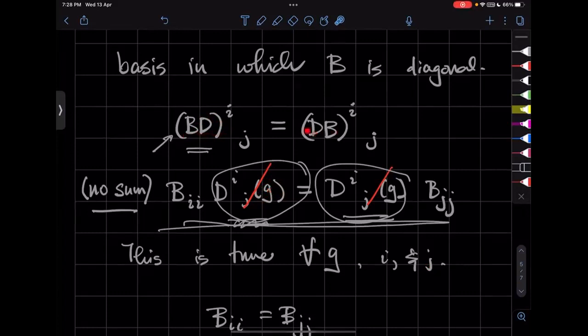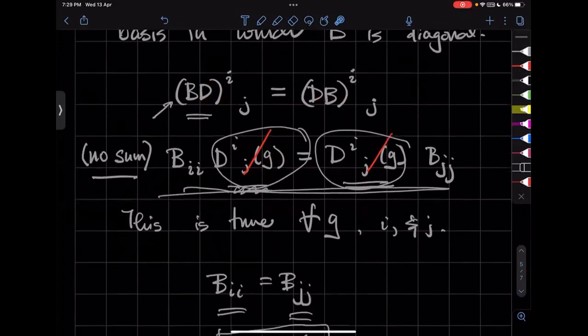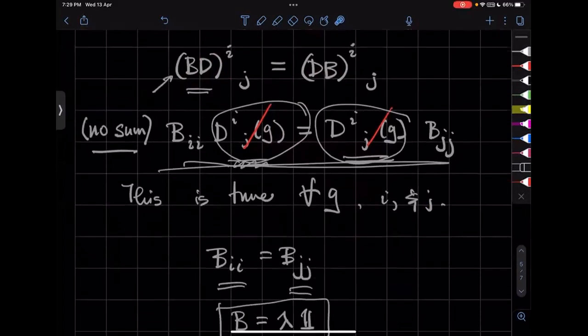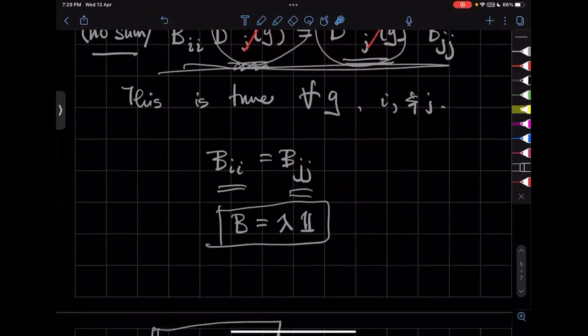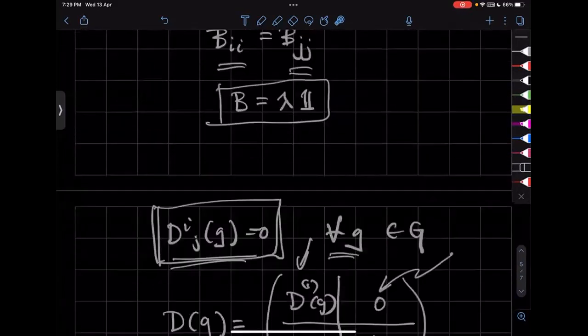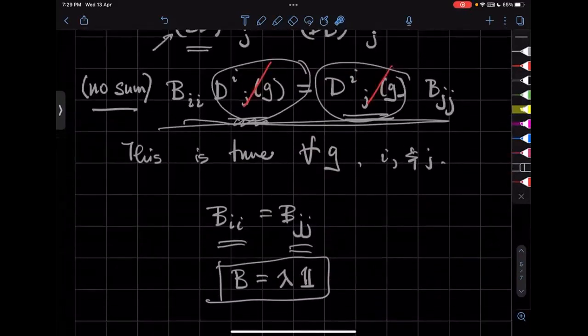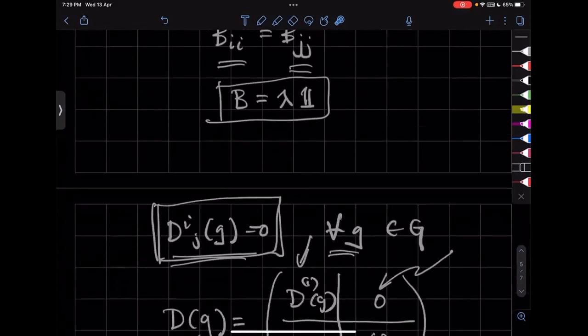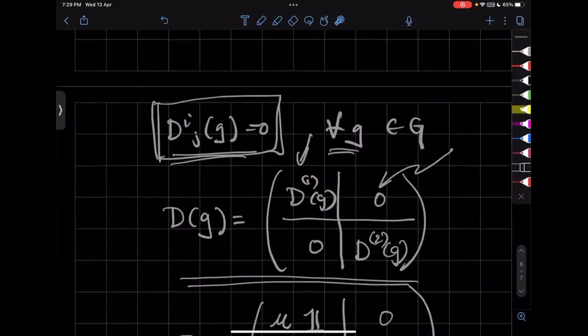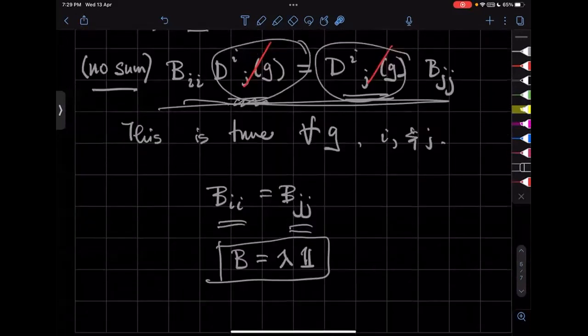This is true for all G, and I and J are arbitrary, right? So essentially, if these are zeros for all of those things, then it is not an irreducible representation. Does that mean that D is just a 0 matrix? Yes. Okay.